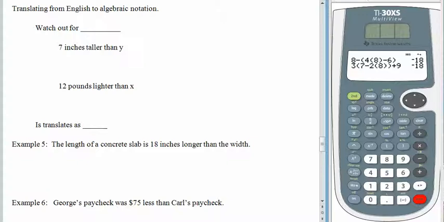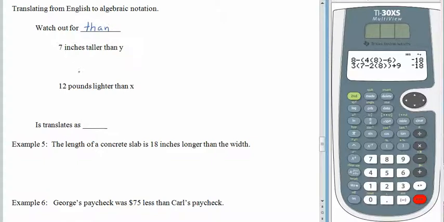All right, we have looked at words that indicate addition or subtraction or multiplication or division. We're just going to look at them again and try to put them together so that we have perhaps some larger equations. The only word that really gives people a lot of trouble is than.